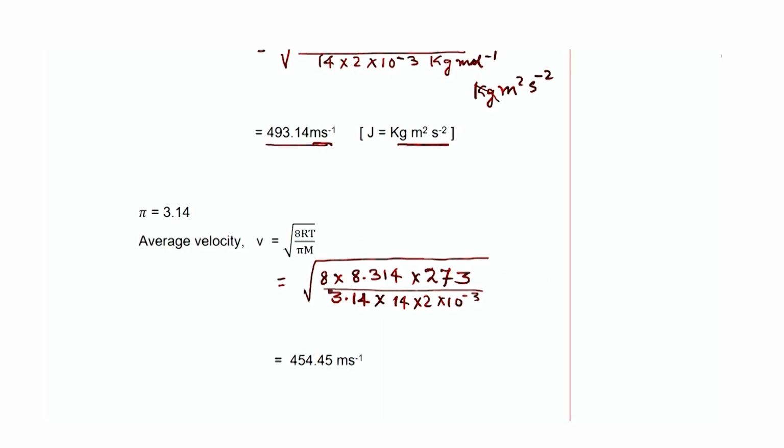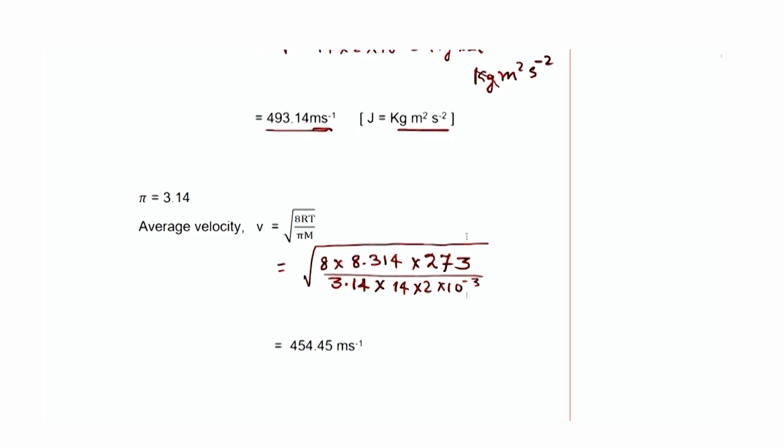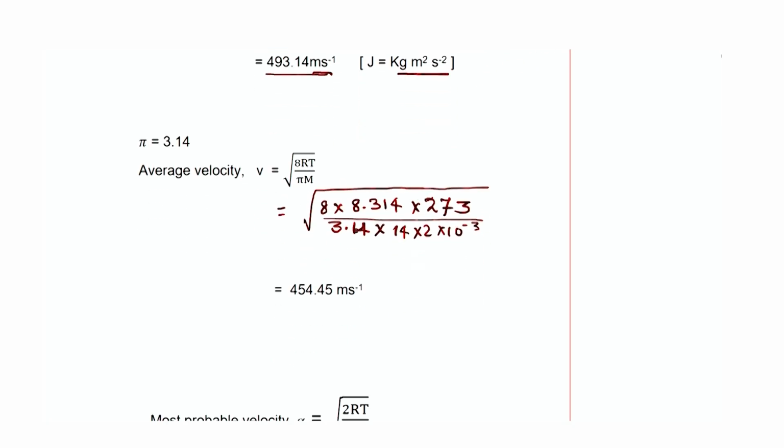I am not writing the units here, it will be in meters per second because it is the same thing. Okay. On solving, we will get 454.45 meters per second. This is the average velocity.